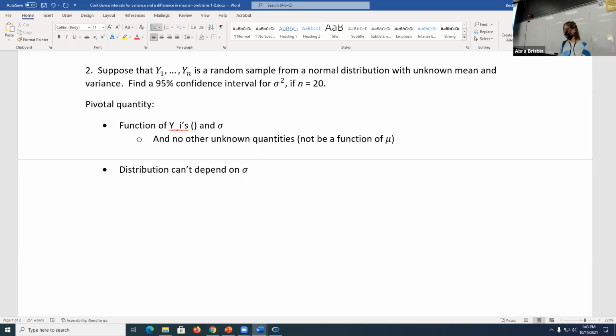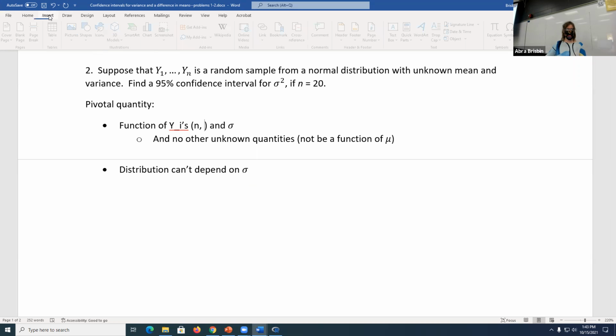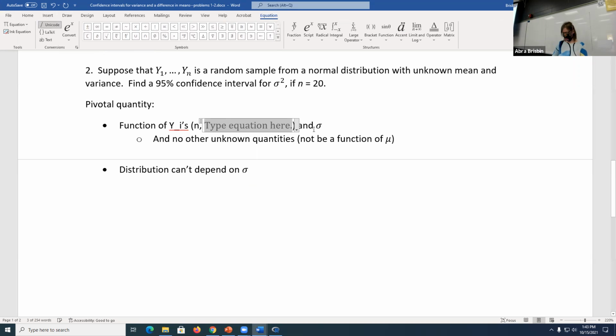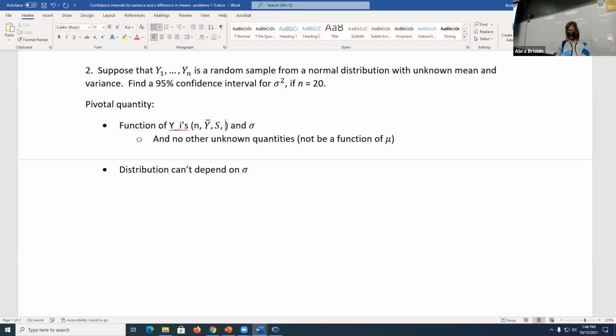Just to remind you, some options here are that it could depend on n, it could depend on y bar. It could depend on s, the sample standard deviation, because that's a function of the y sub i's. There are other options, but these are our most common functions of the y sub i's that we end up seeing in pivotal quantities.